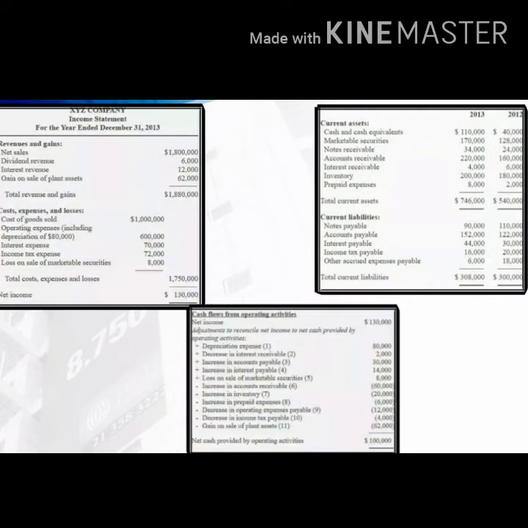And now calculating the net cash provided by operating activities.